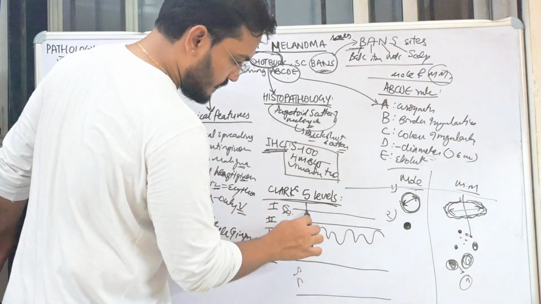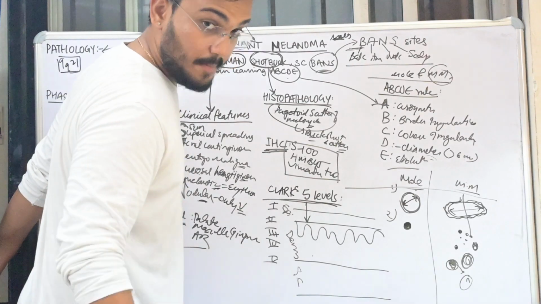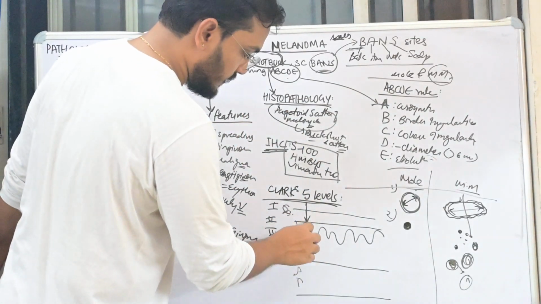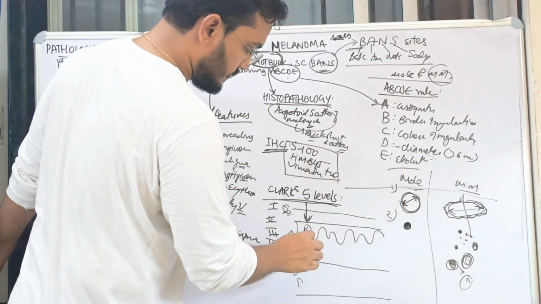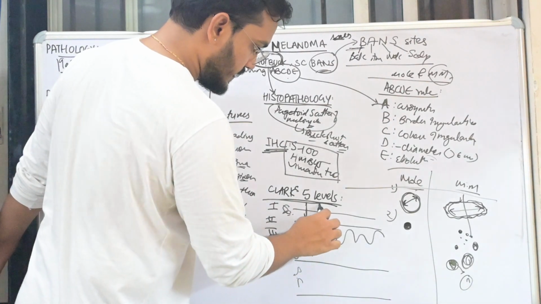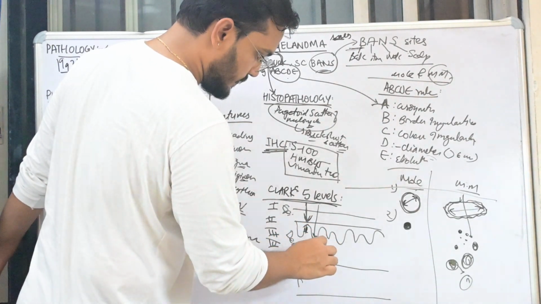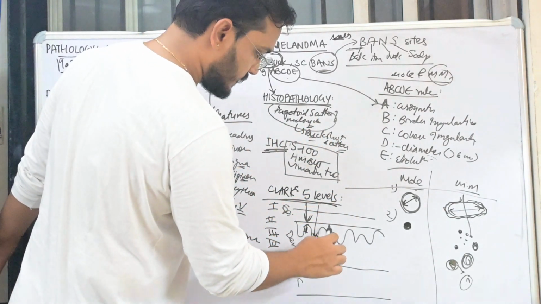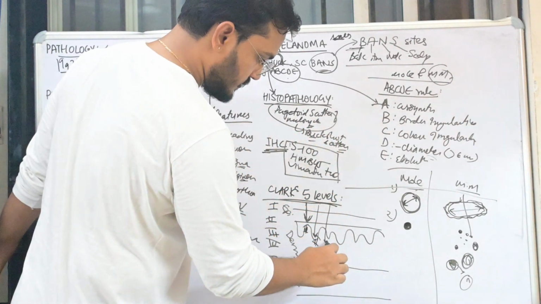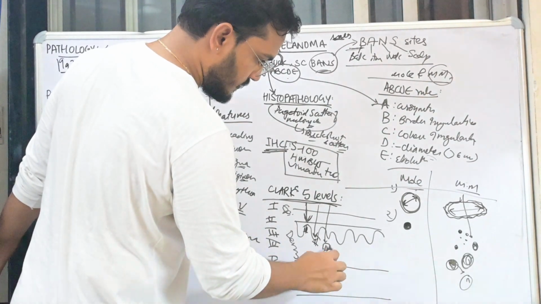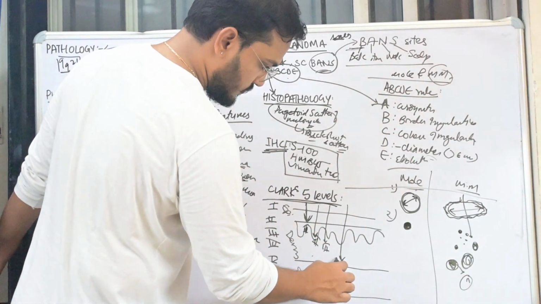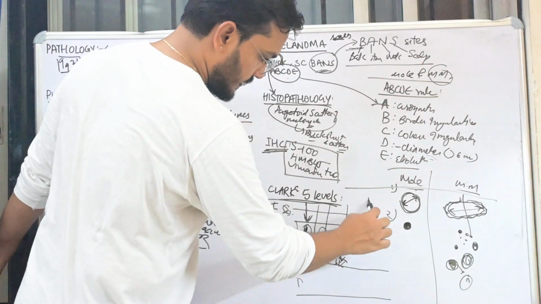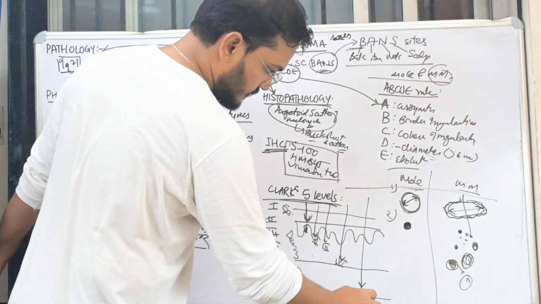So level 1 is entirely epidermis. Then second is extending into the papillary layer, but not impinging on the reticular layer. So this becomes level 2. Then third is impinging on the reticular layer, extending into the reticular layer is level 4, and completely into subcutaneous fat is level 5.